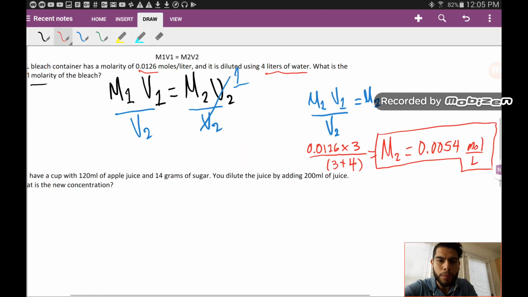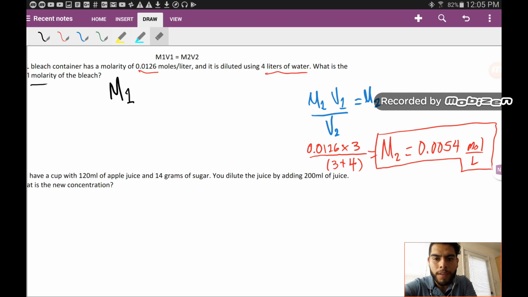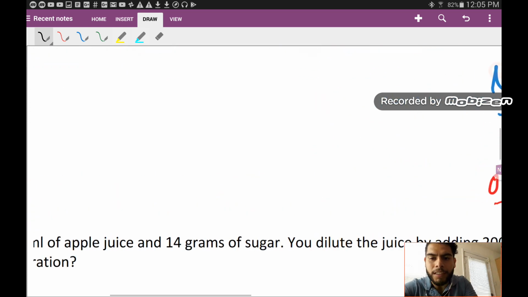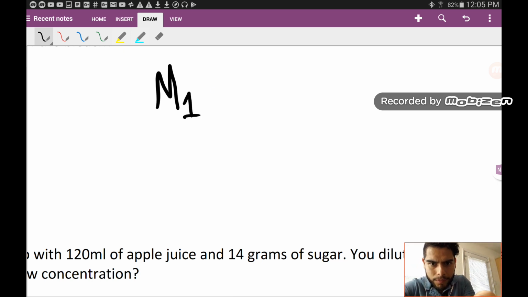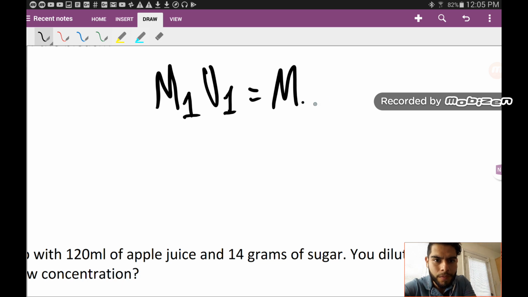So fairly simple. Let's say they give you another problem. You guys always struggle with algebra. It's fairly simple. To deal with this equation, we have molarity 1 times volume 1 equals molarity 2 times volume 2.